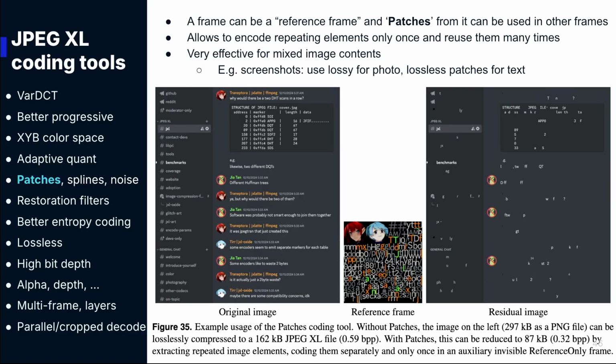So for example, as a PNG file, this was 297 kilobytes. If you would just encode it like that as JPEG XL, it would be 162 kilobytes. But if you apply this trick with the patches, you can reduce it to 87 kilobytes. All right. So this is for lossless compression, but you can also apply this for lossy compression.